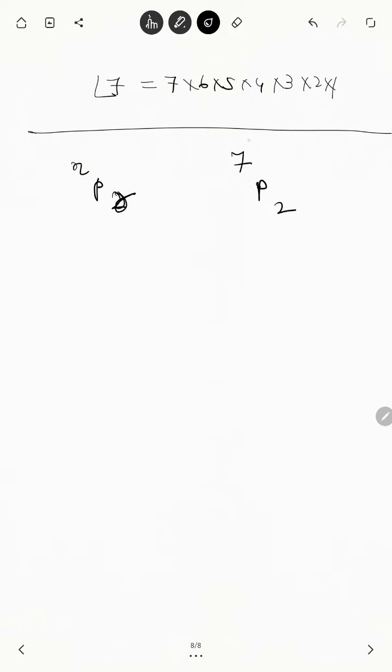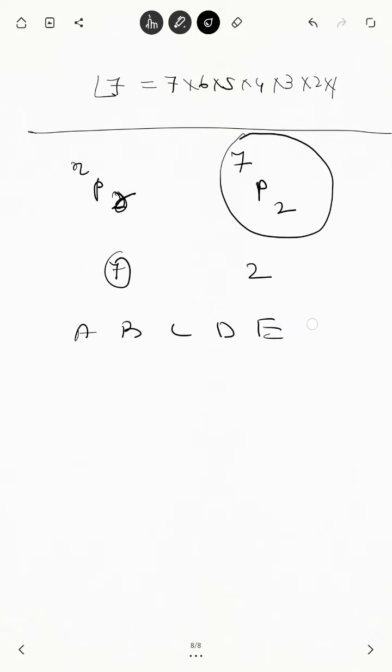It means we are going to write a code out of 7 objects, taking 2 at a time, and 2 different at a time. For example, A, B, C, D, E, F, G, 7 in total, taking 2 at a time.